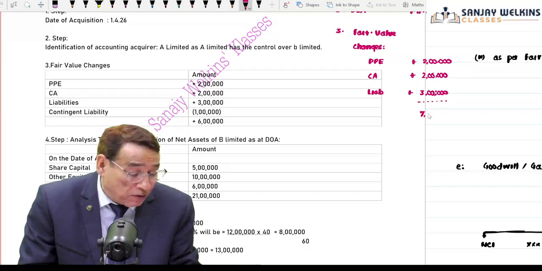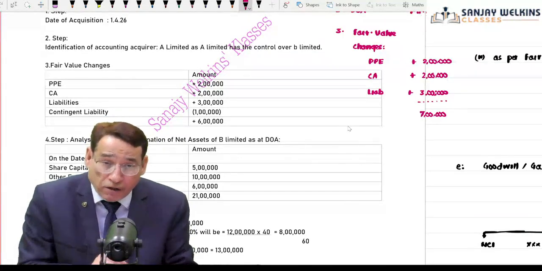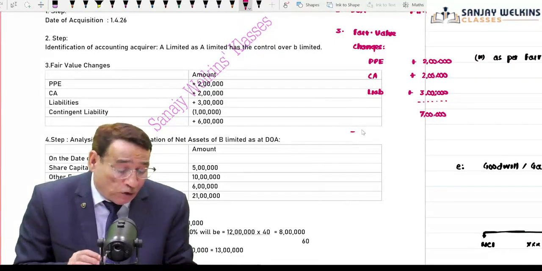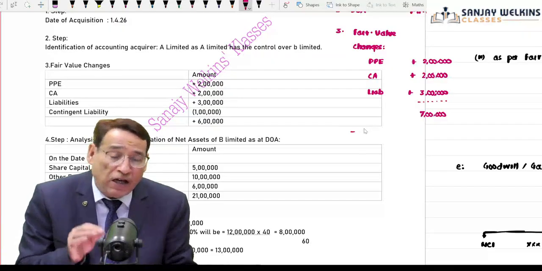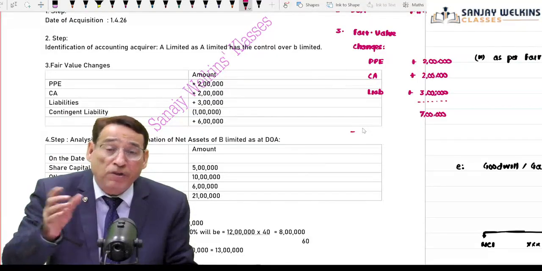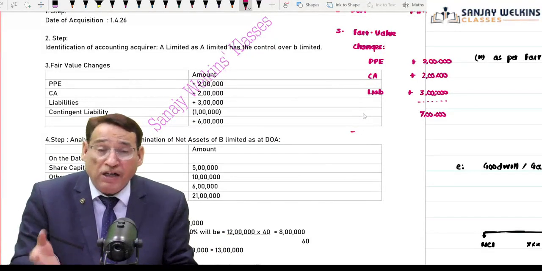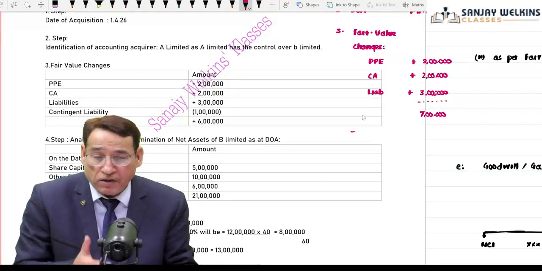But we must not forget that we are taking over a contingent liability also. In the balance sheet the value of the contingent liability is 0, because the acquiring entity hasn't recorded it in the balance sheet; it is written in the footnote.